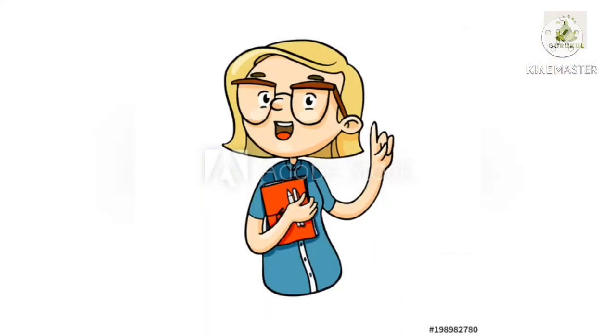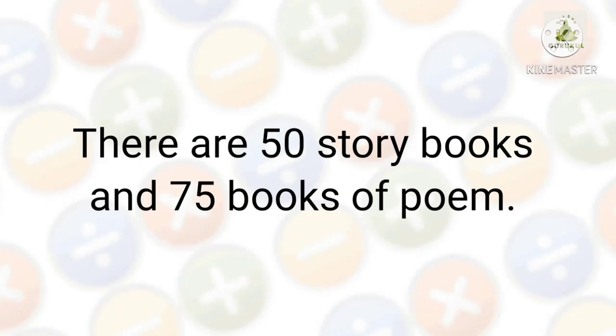So to get a problem of addition, we have to add them both. Now let's see how we can make the problem. You just have to write down the given information in one sentence. So here it will be, there are 50 storybooks and 75 books of poem.